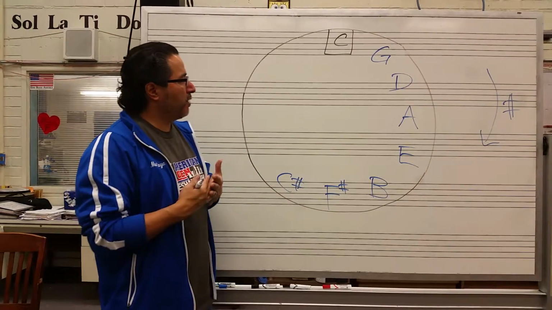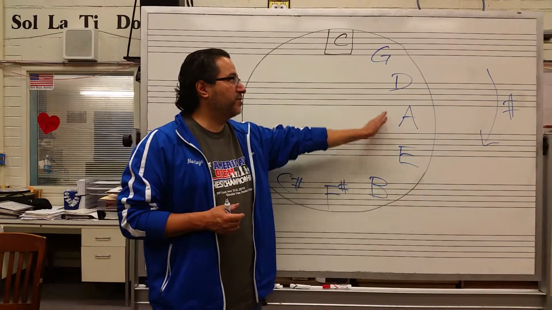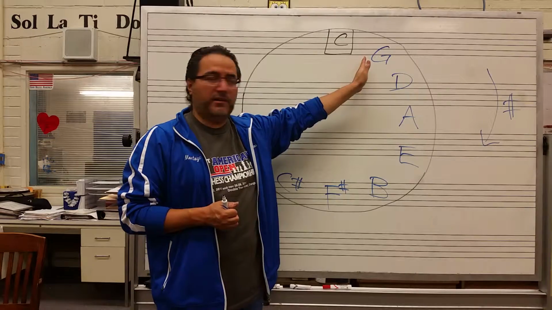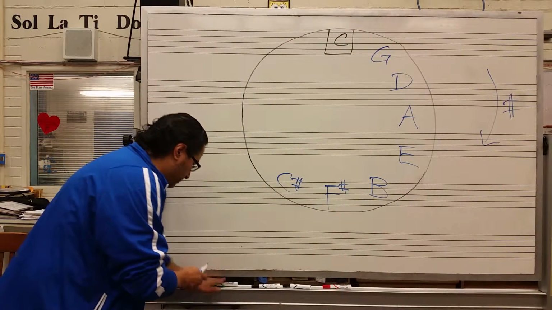You got to be aware of that. The C sharp and F sharp, all the rest have sharps in those keys, if we're talking about keys, but they don't show in the name of the key.